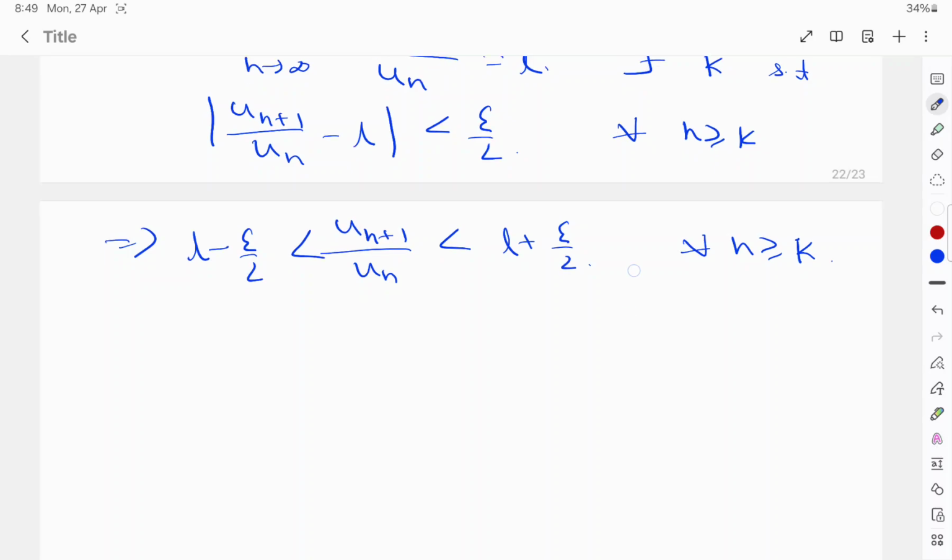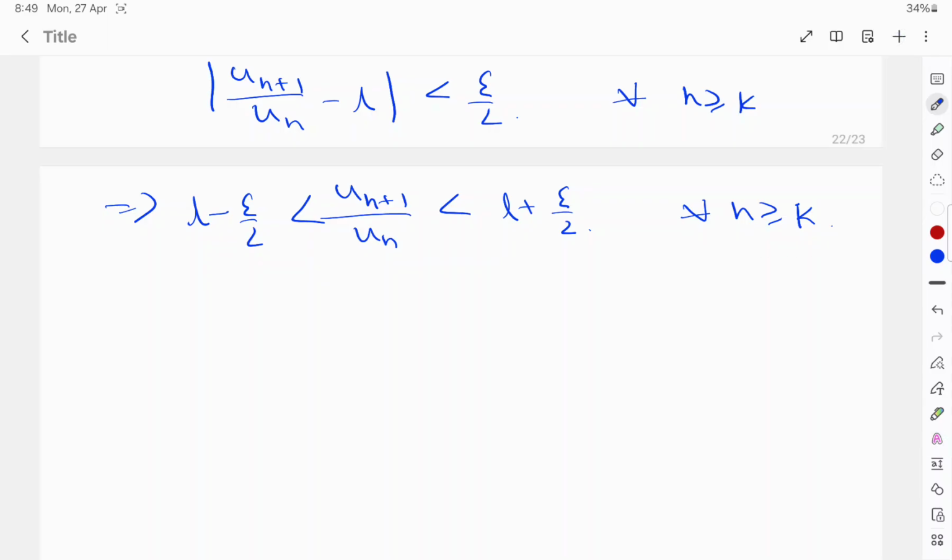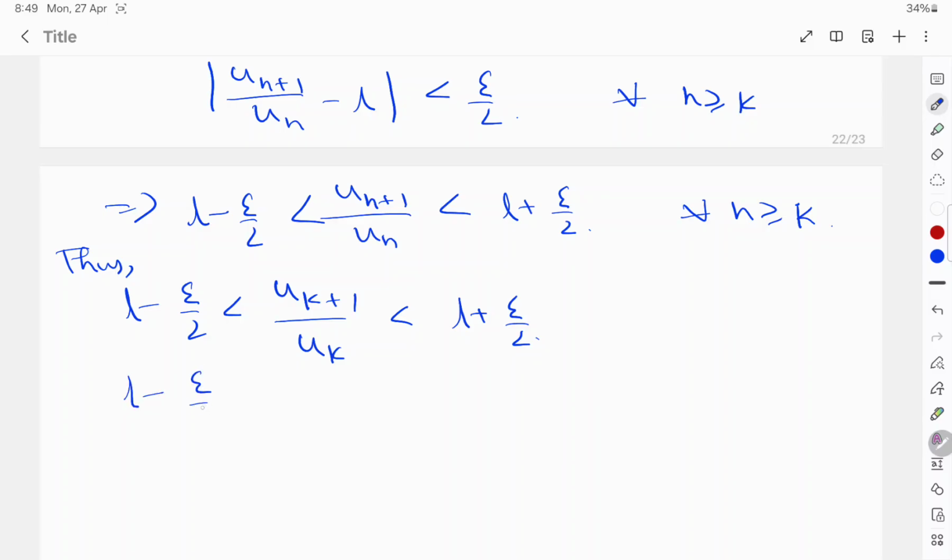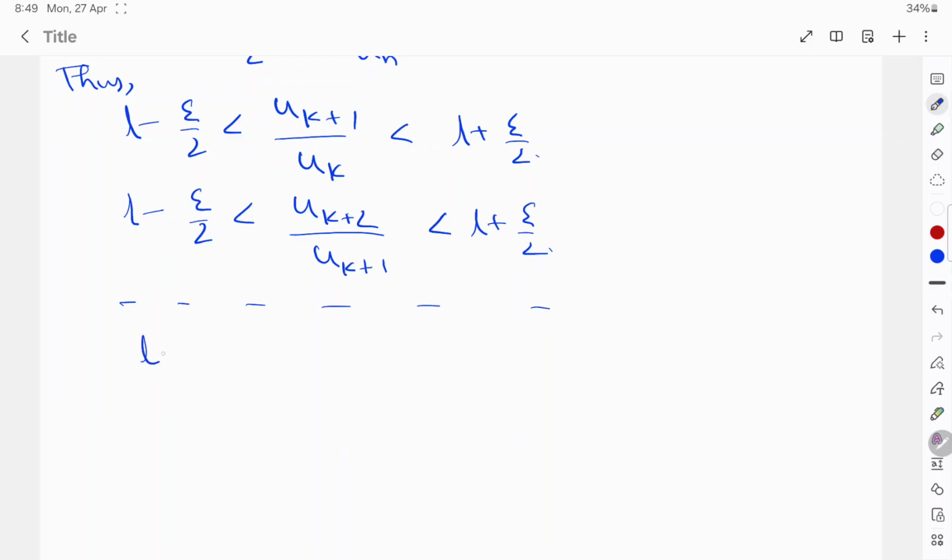Okay, so if you substitute n equal to k here, what you have is L minus epsilon by 2 less than uk plus 1 by uk, and so on. Similarly, you have un by un minus 1, you have this type of thing.